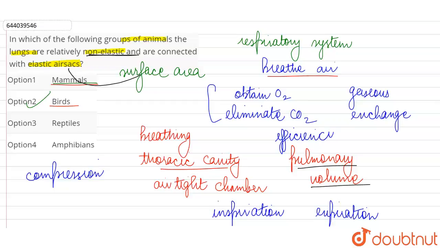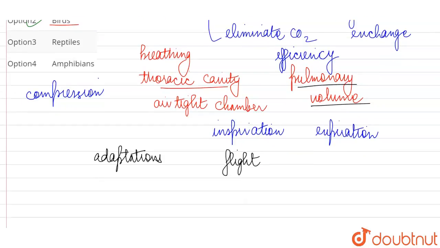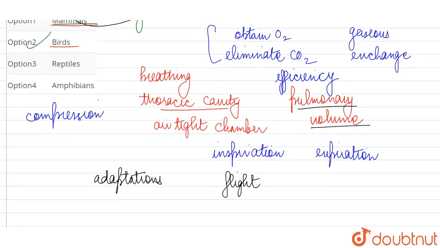They can obtain oxygen at a very fast rate, and we can say that this is one of the adaptations that birds have shown in order to facilitate flight, because for flying birds need very strong muscles, a special type of body design. There are many different modifications that birds have undergone so that they can fly, and these air sacs are a similar adaptation for flight, because during flight they need almost 20 times more oxygen than when they are on land.